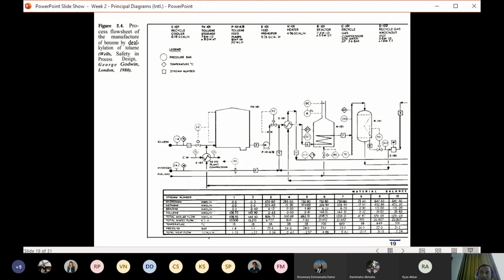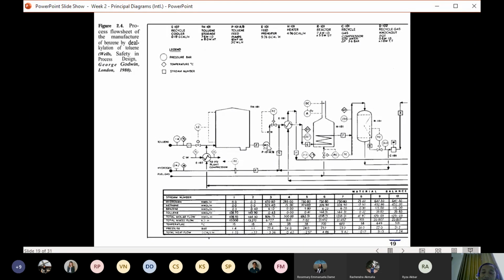In terms of technical information, it is already complete, with the definition of the composition, the flow rate, and the process parameters for every stream. Look at this one: stream number 1, stream number 2, stream number 5, stream number 4. They each have their own description of composition, data, etc.